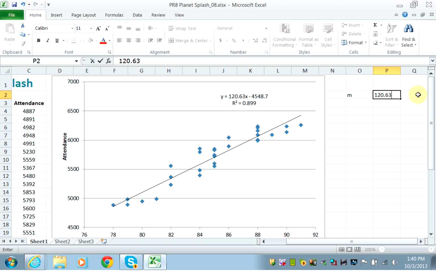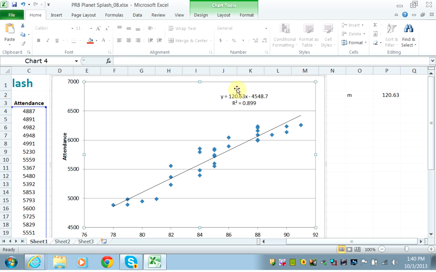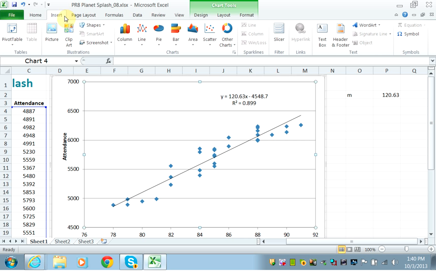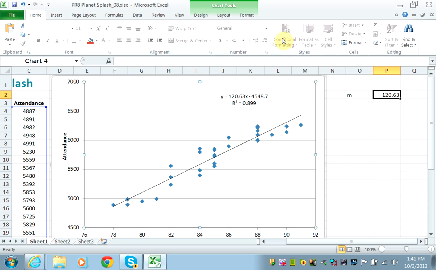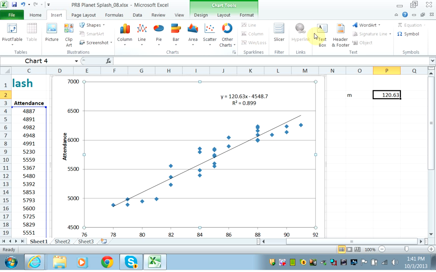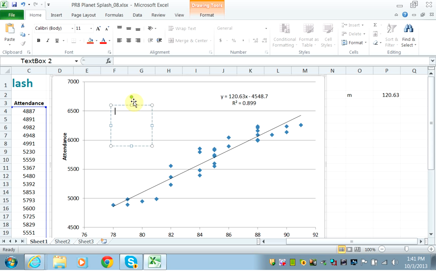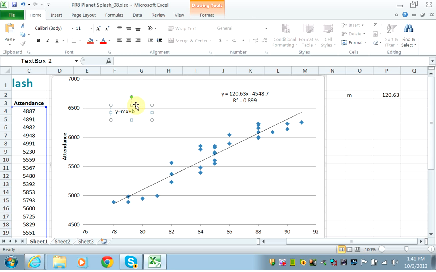Now the b, so I'm going to write it right here. That's the equation of the line, y is equal to mx plus b.